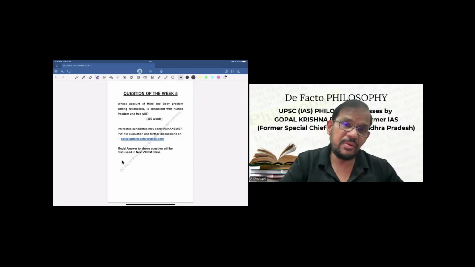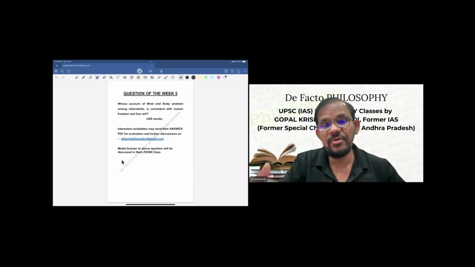For Descartes, we have to explain dualism. For Spinoza, we have to explain parallelism. And for Leibniz, we have to explain pre-established harmony. We should write the answer in about 400 words: whose account of the mind and body problem among rationalists is consistent with human freedom and free will.